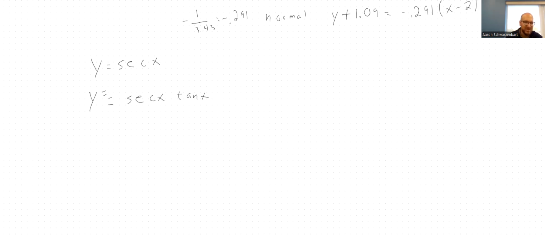Now for the second derivative, I must do the product rule. Derivative of first times second, plus first times derivative of second. This is probably one where I should do colors.